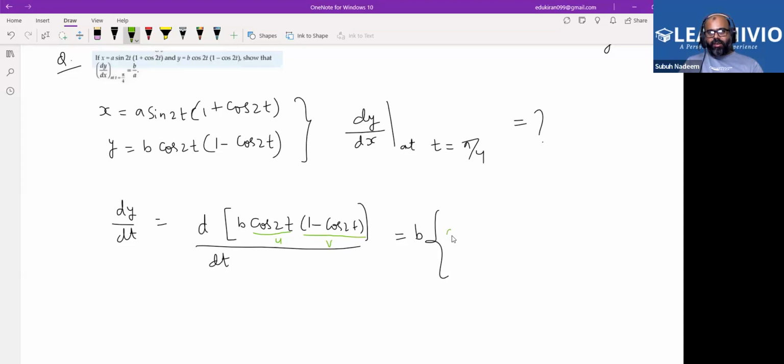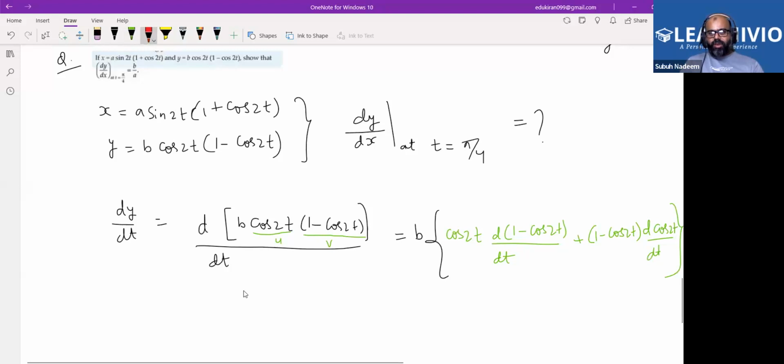So you take u outside and differentiate v, that is 1 minus cos 2t with respect to t. Then you take 1 minus cos 2t outside and differentiate cos 2t with respect to t.